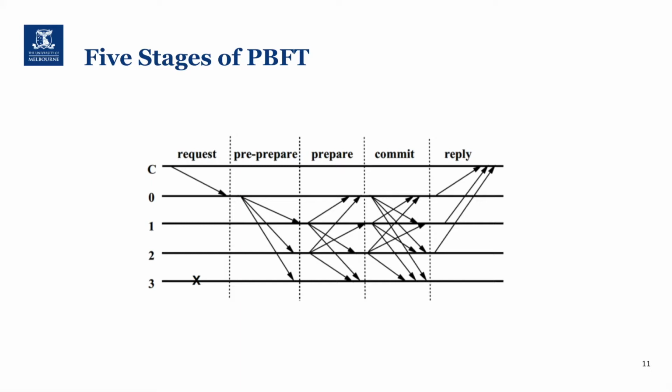In the prepare stage, replicas execute the request and then rebroadcast the result to each other, that is, 1 to 0, 2, and 3, and 2 to 0, 1, and 3, while replica 3 is unable to broadcast due to the fault. Then we come to the commit stage.